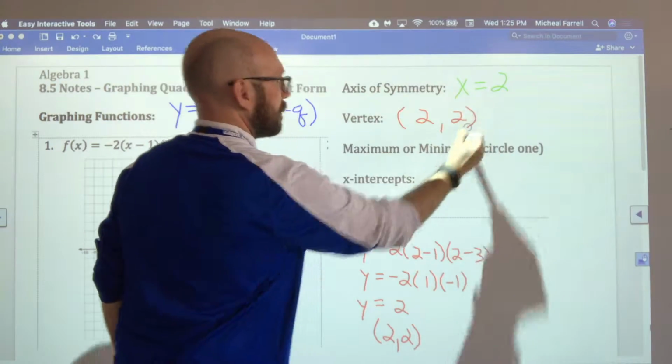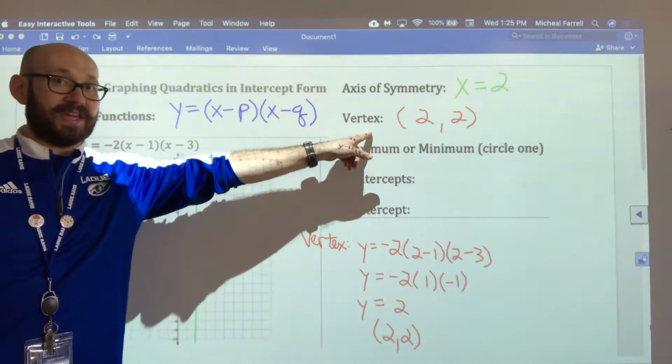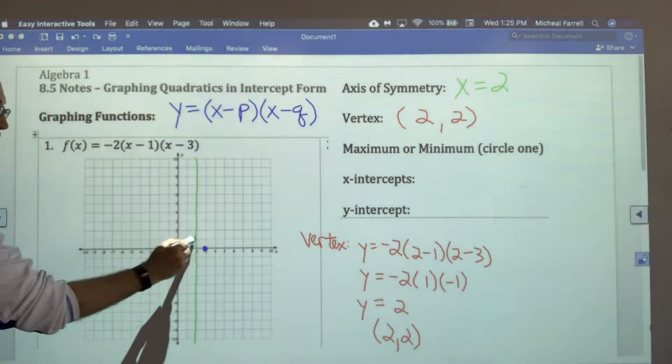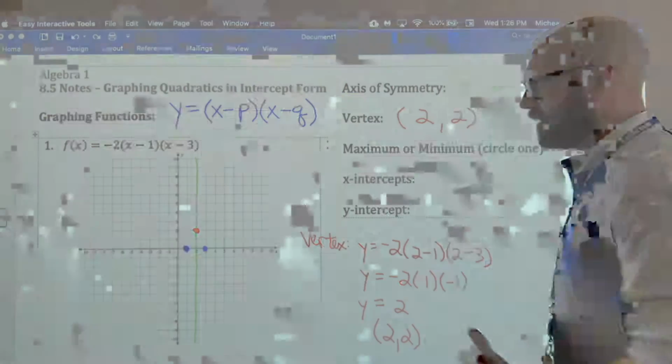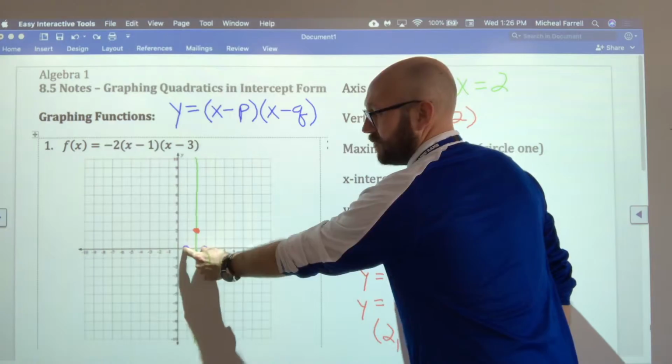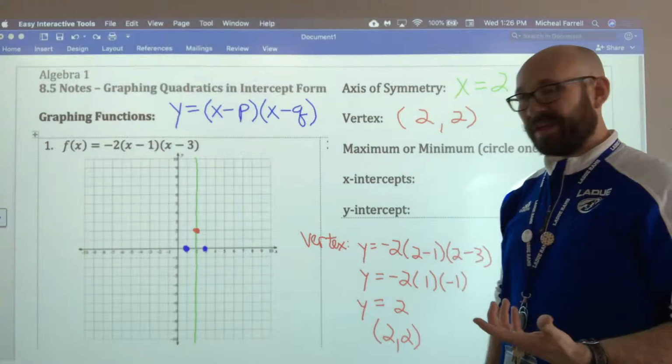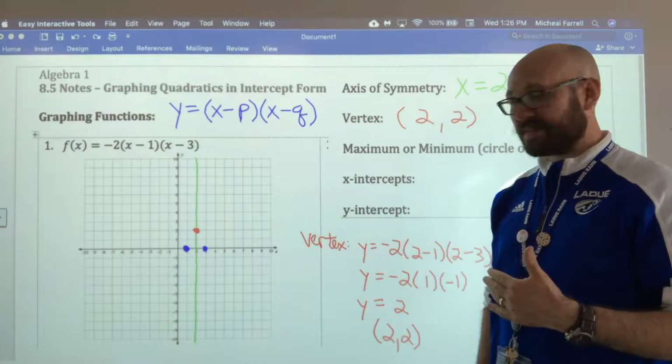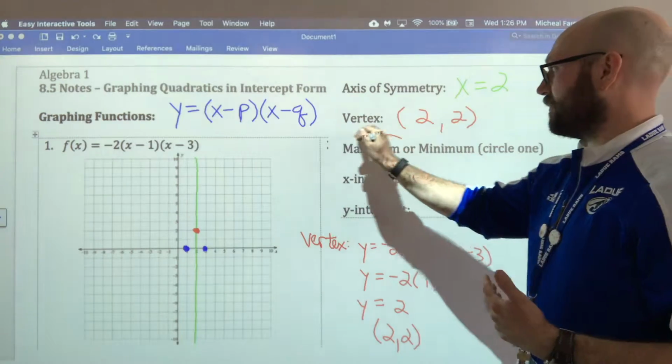I'm going to take this vertex, plot that. Since my vertex is higher than the 2 x-intercepts, I know that there's no point that will be higher than the vertex. I have a maximum on my hands here.